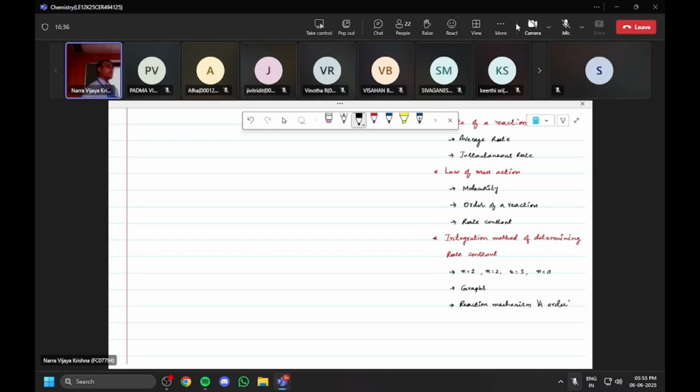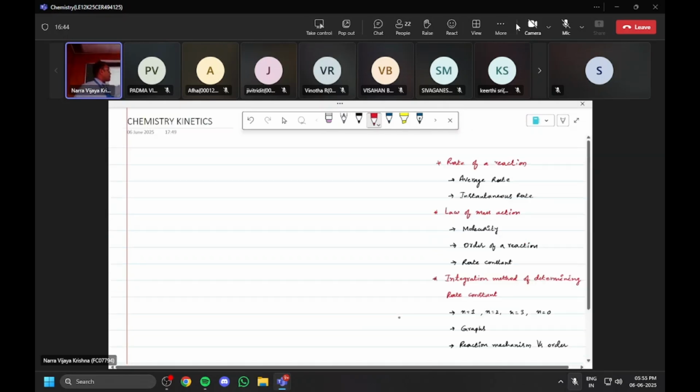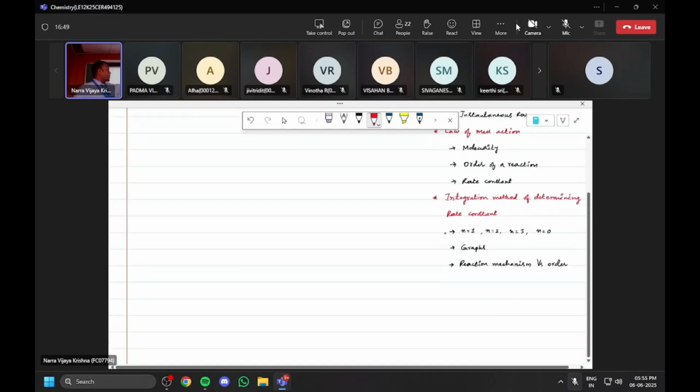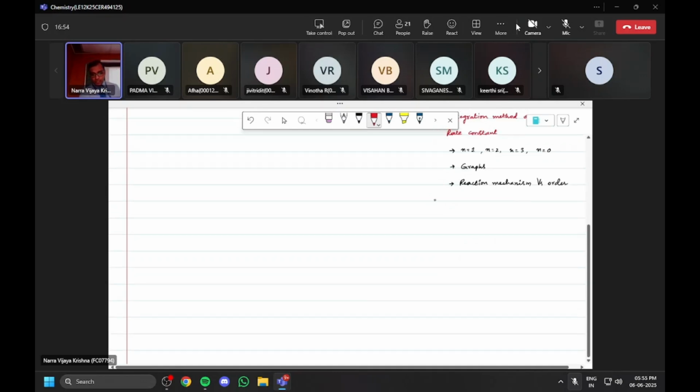So by seeing reaction mechanism, we will calculate order of a reaction. Then this is the third part. First part we will see about rate of a reaction. Second, we will discuss about law of mass action. Third part, we will discuss about integration method of determining rate constant. And fourth part in this chapter, experimental methods of determining order of a reaction.